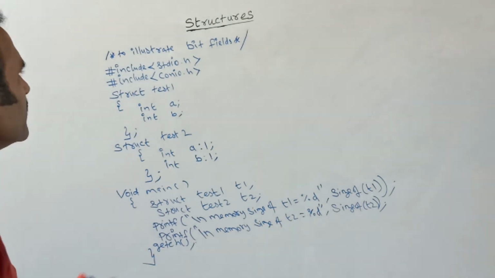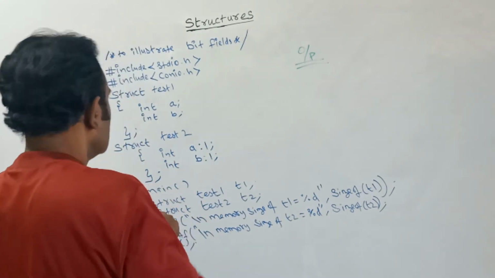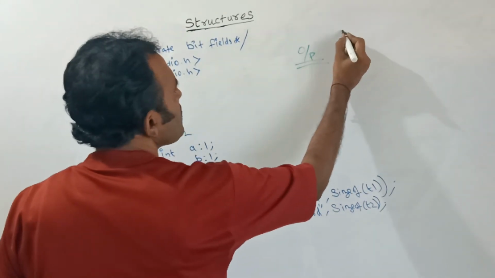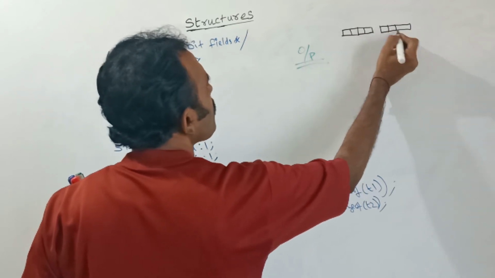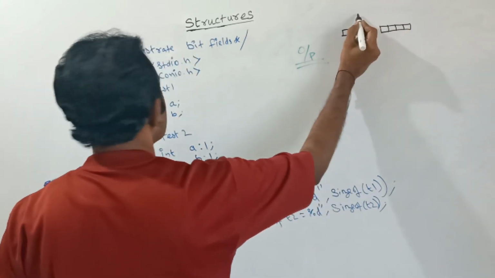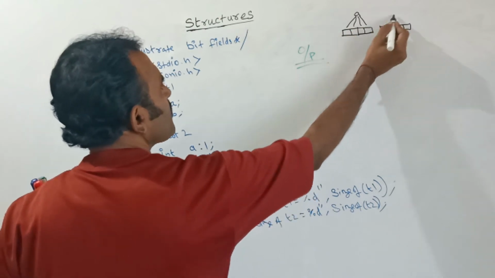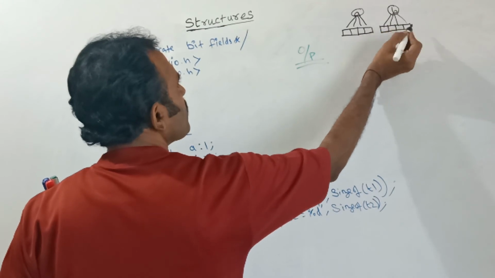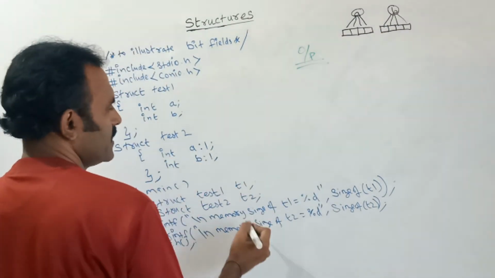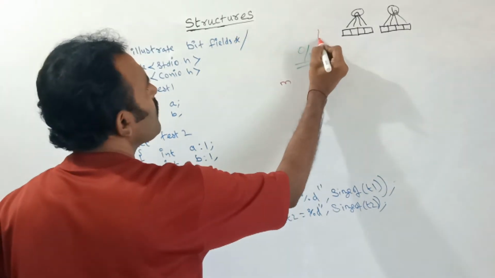So the output will be here. For this integer it takes 4 bytes. For A 4 bytes, A of 1, A of 2, A of 3, A of 4. Same way for B also, here 4 bytes. So here totally the memory size of T1. This is T1.